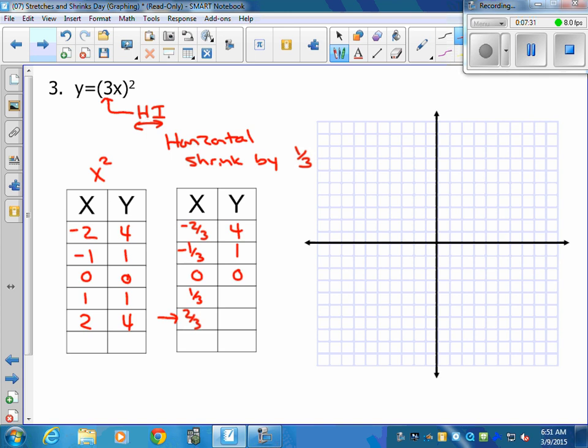No vertical transformation in this case. So what we're going to see here is a horizontal shrinking. The graph is really going to compact from side to side around that 0, 0 coordinate point. So -1/3, 1; -2/3, 4.